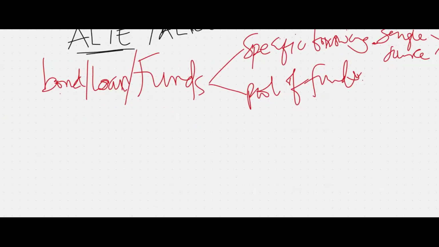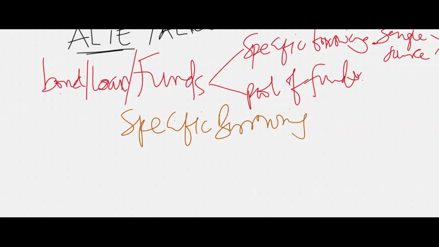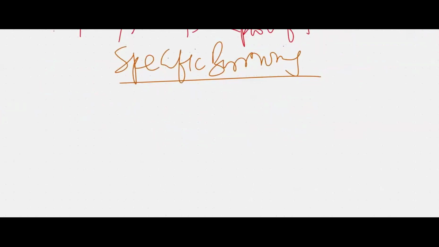Specific borrowing. Pay attention. I'm building blocks before I start with the calculation. Under specific borrowing, what do you do? You need some items to compute the borrowing costs on specific borrowing.